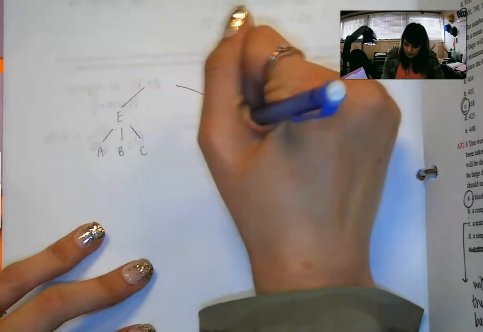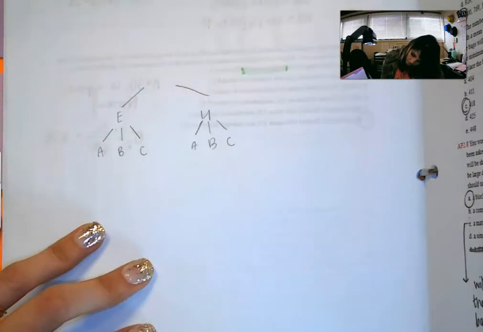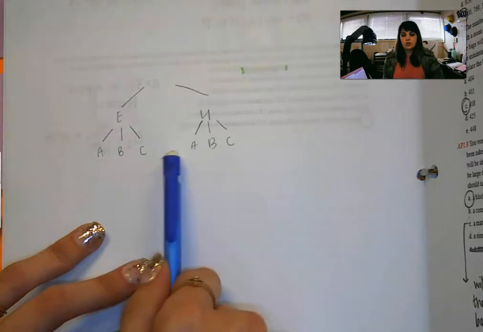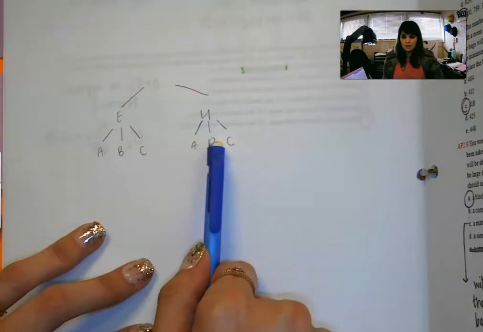A, B, C. Well, this picture describes why we can't use a matched pair design.